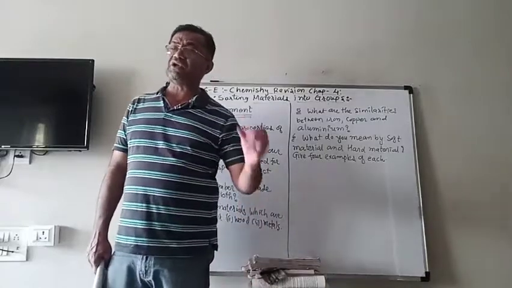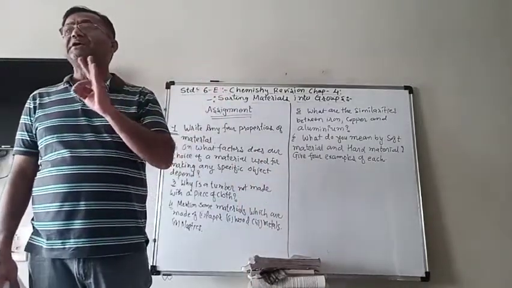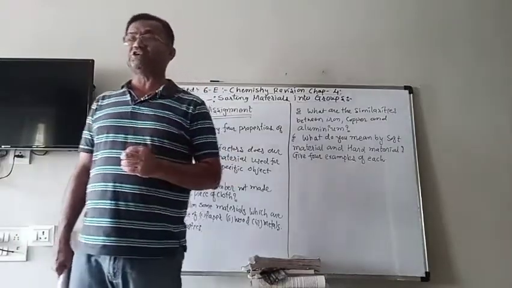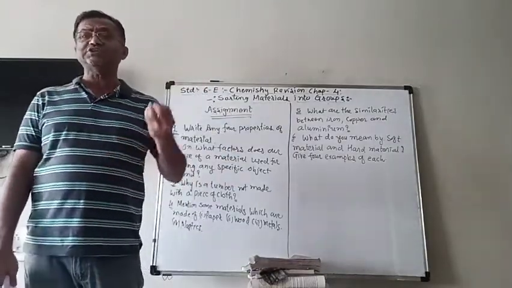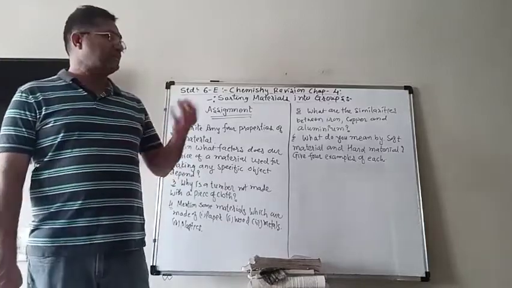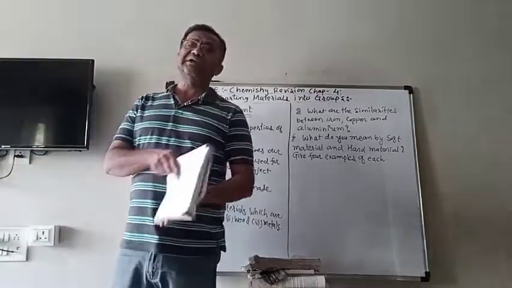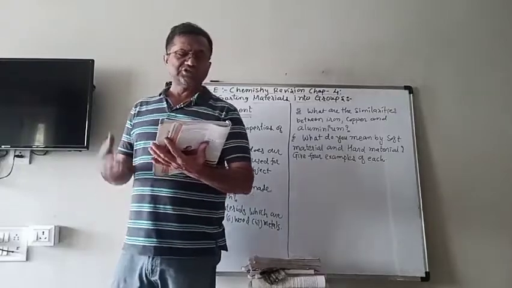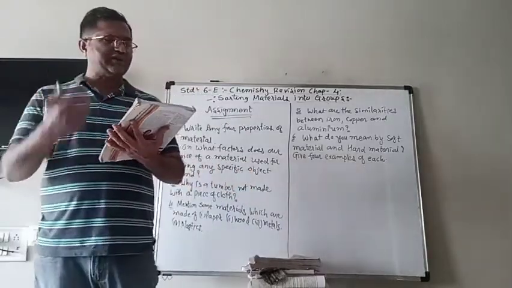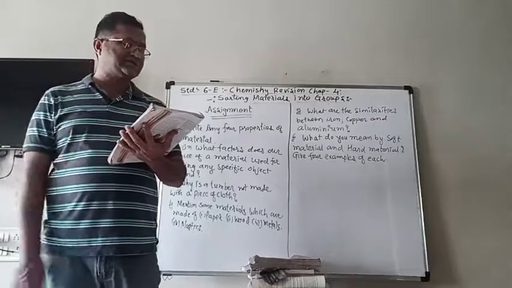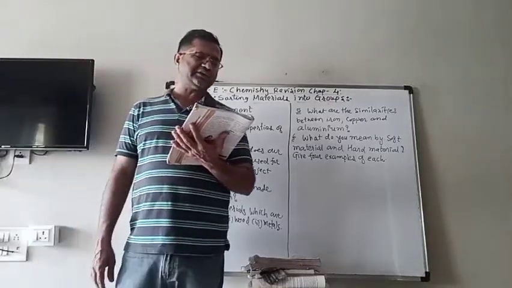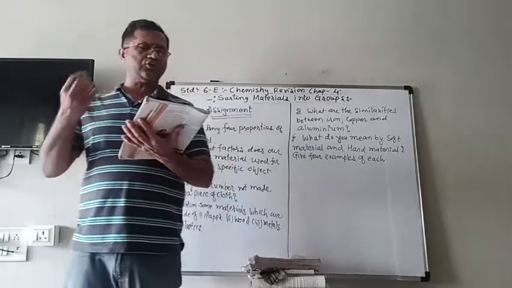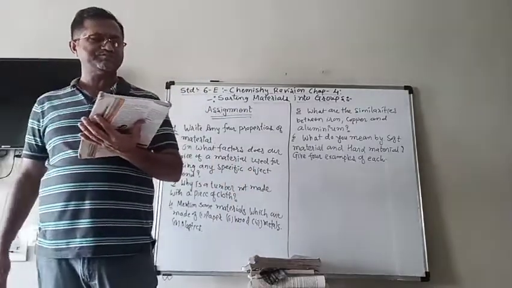Similarly, they all are good conductors of heat and good conductors of electricity also, meaning they allow heat and electric current to pass through them. So these are the similarities between all the metals, including gold and silver, iron, copper, aluminium, etc.